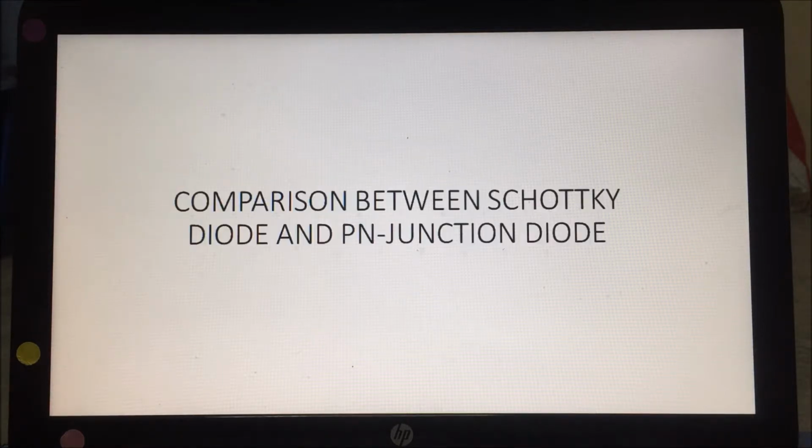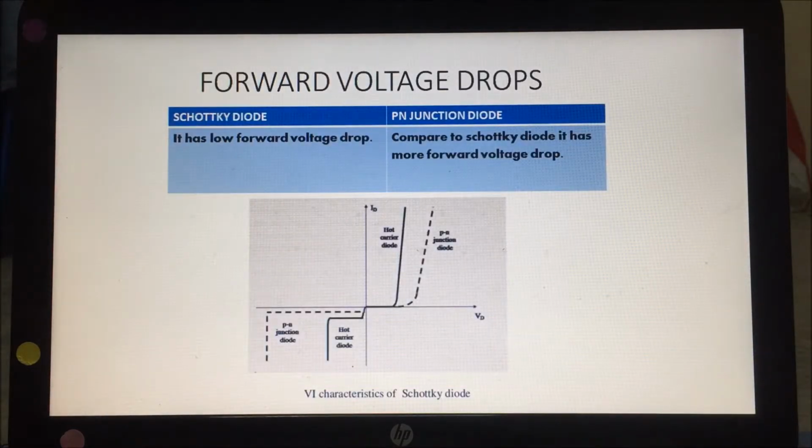Moving on to the comparison between Schottky diode and PN junction diode in terms of the forward voltage drop. As compared to PN junction diode, Schottky diode has low forward voltage drop as mentioned.